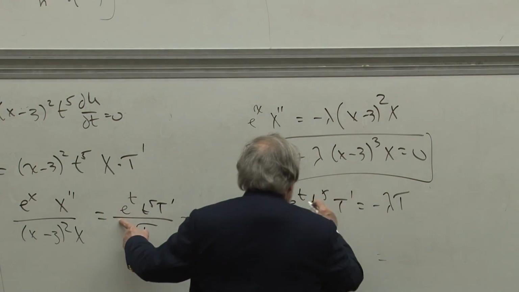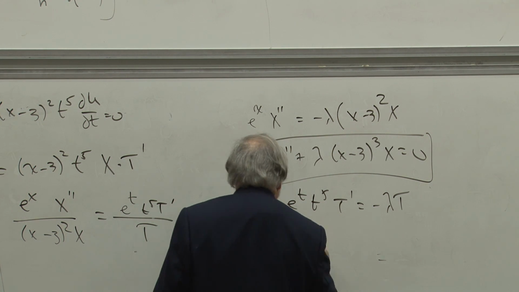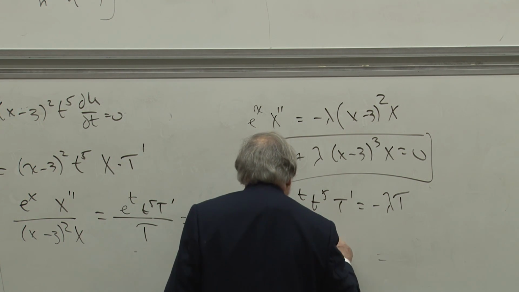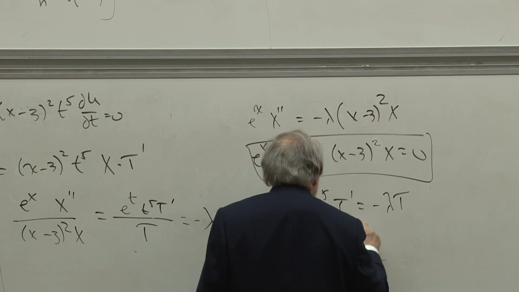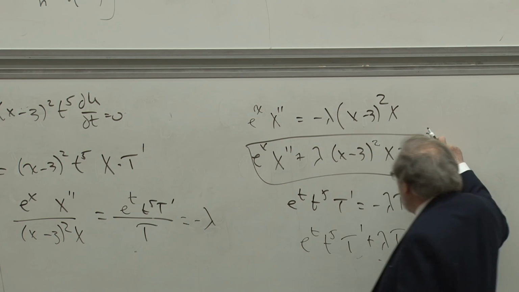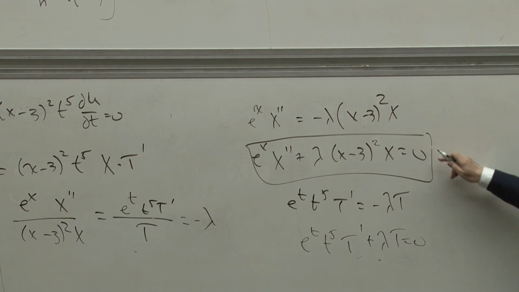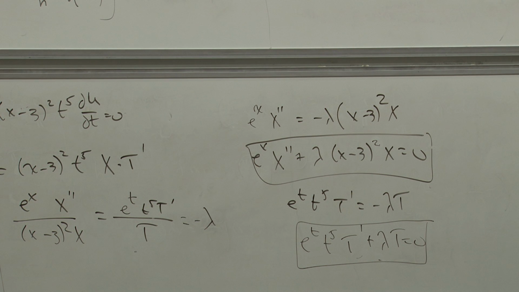And let's see, e to the t, t to the 5th. That one looks all right. e to the t, t to the 5th, T prime plus lambda T equals 0. I corrected my error in the box as well. So one or the other of these is the differential equations.